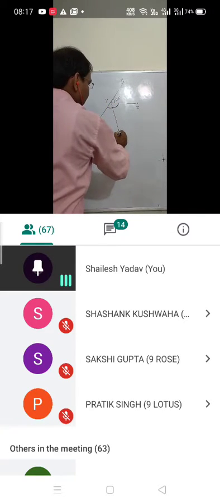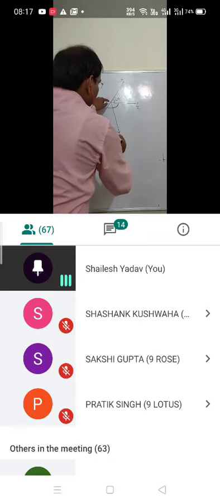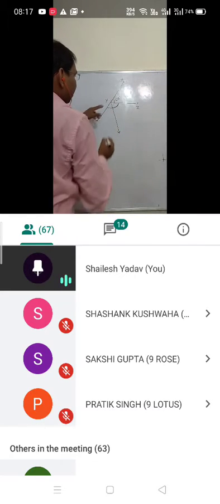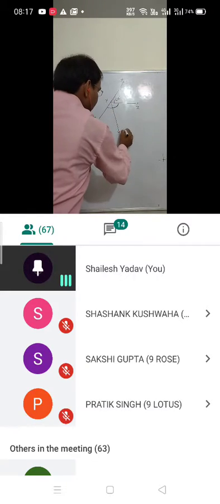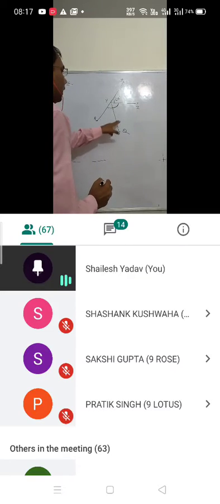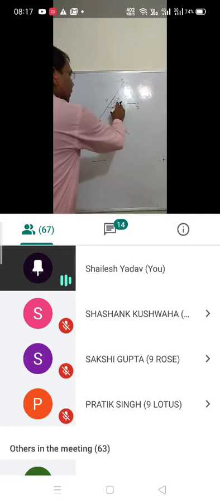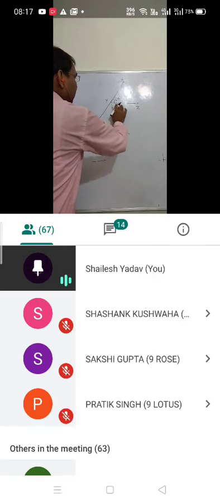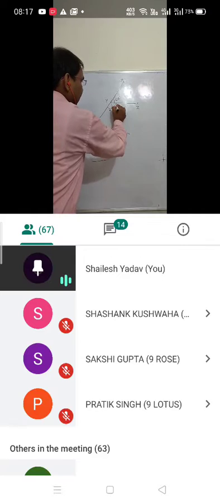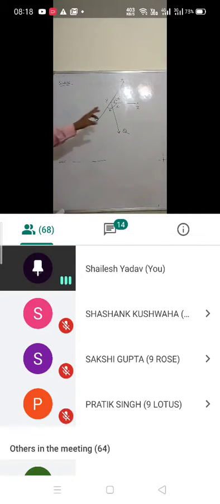So the ray will start from the point Y and go to Q. YQ is going to bisect angle ZYP. Bisect means that angle ZYP will be divided into two equal parts. So here both are equal. If one is X, then the other will also be X. So according to the question you need to draw a ray YQ that bisects angle ZYP.